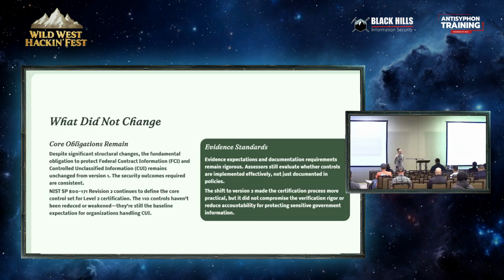The evidence standard is actually not just that you have a plan, but it's that you have evidence that you use the plan, that you test the plan, you exercise the plan. I want to see actual evidence that this is not just a piece of paper or a booklet that you set on a shelf and it's gathering dust. So the purpose of version 2 becoming more practical, more actionable, is absolutely the case, but it did not compromise the evidence-based standards as well. So that's really important. How many times do we develop a plan and it never even gets tested, a procedure that never actually gets walked through?